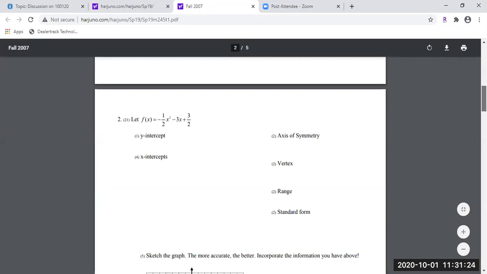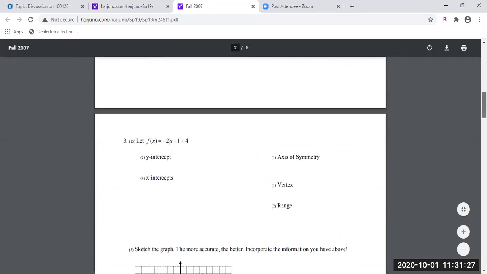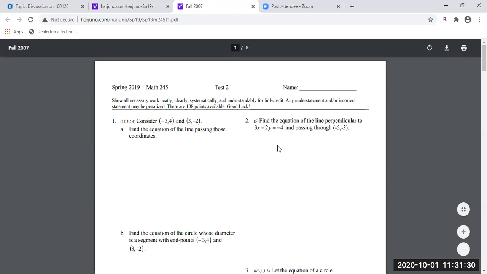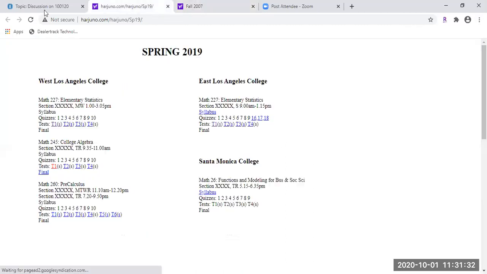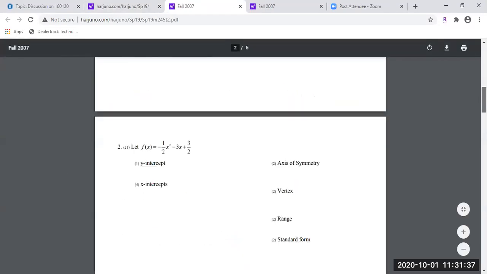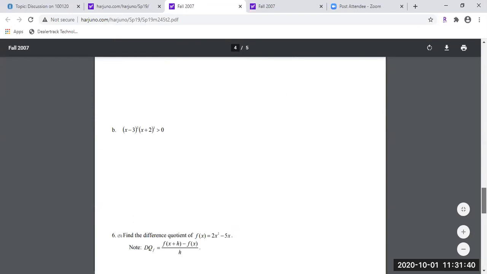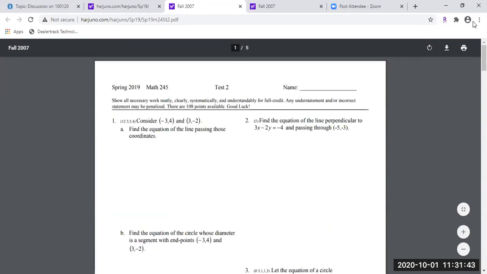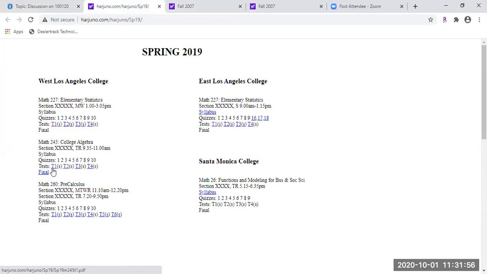Okay, I do not expect to have... Oh no, this is test two. This is test two. What happened? Yeah, that's test two. Hold on. What happened? Did I save it incorrectly? Give me a second. Good thing I say, otherwise you study the wrong thing. Oh shoot, what happened?